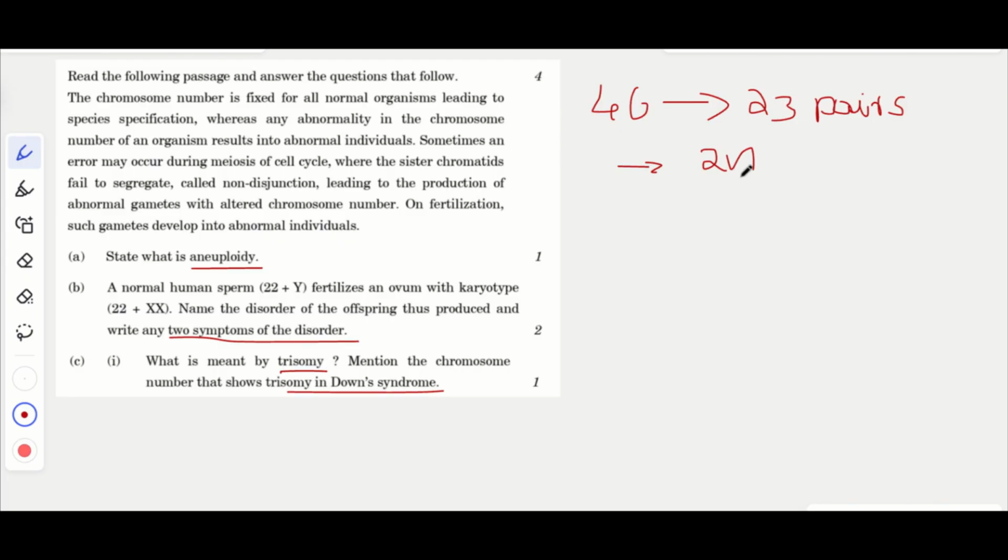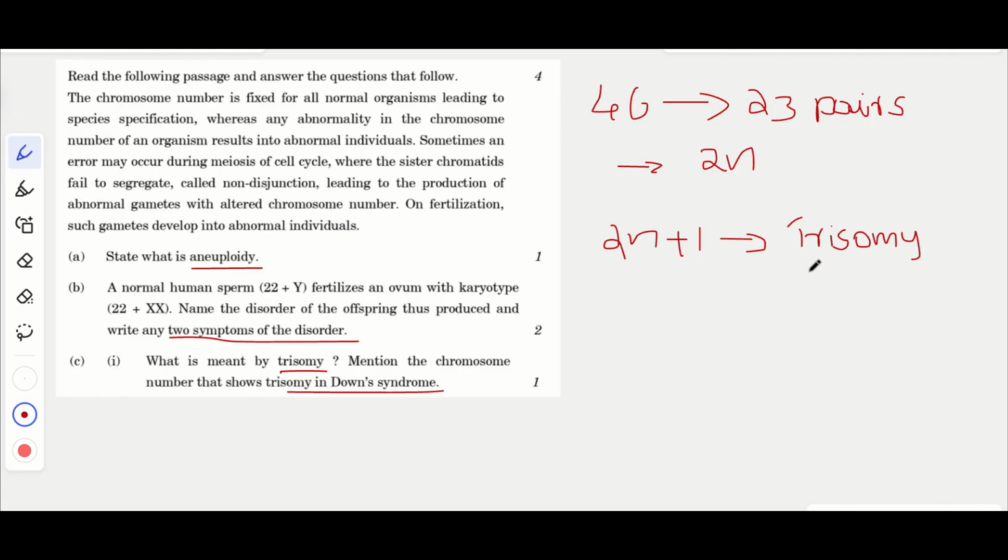Now, in aneuploid, we have mentioned that chromosome number is not normal, right? Which means it will be either gaining one chromosome or losing one chromosome. So both conditions have different names. Okay. So if it is gaining one more chromosome, for example, instead of 2n, if it is 2n plus 1, that is called a trisomy.